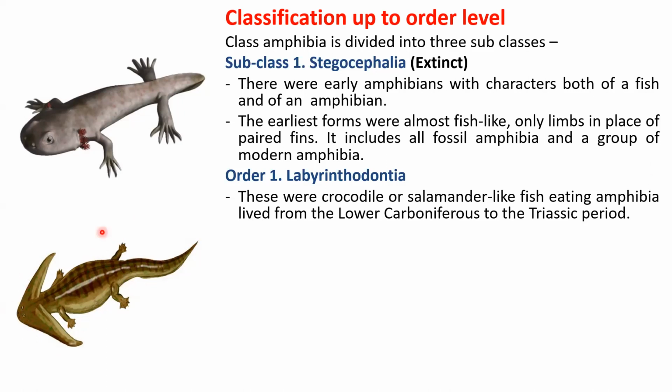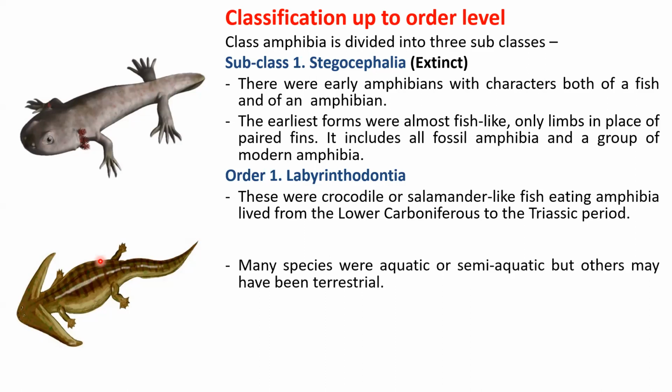If you see the structure of their body, it is just like the crocodile or salamander-like structure. And these are fish-eating amphibians, and they lived in the period from the lower Carboniferous to the Triassic period.